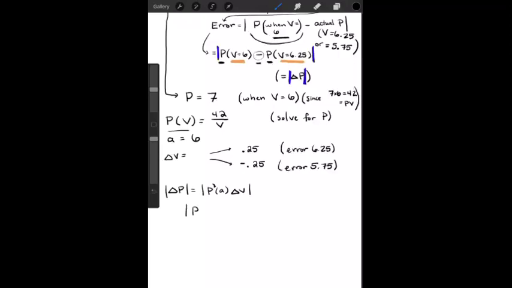So the absolute value of P prime A times 0.25 is equal to the absolute value of P prime A times negative 0.25. This isn't some sort of universal rule that you never have to worry about whether it's positive or negative, but in a case like this, where you're using this approximation to calculate an error, you don't really care whether you went up or down, because that negative is going to get absolute valued out.